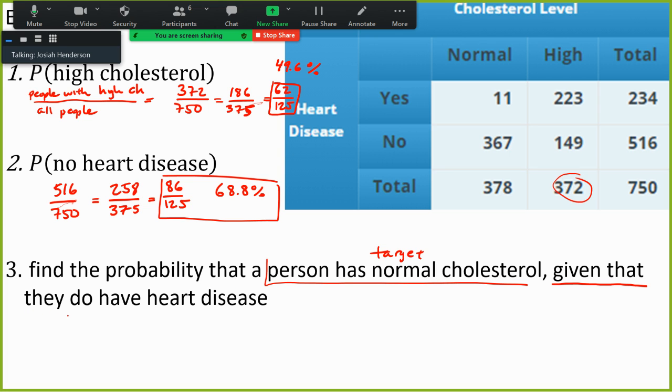That means we're only looking at the people who already have heart disease. Given that they have heart disease means we're narrowing our focus to this row, and we don't care anymore about the entire study. We're saying, assuming you have someone who already has heart disease, what is the probability that they have normal cholesterol? So normal's our target over the total of 234.